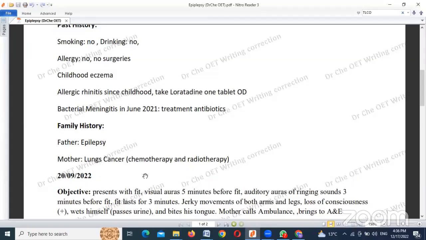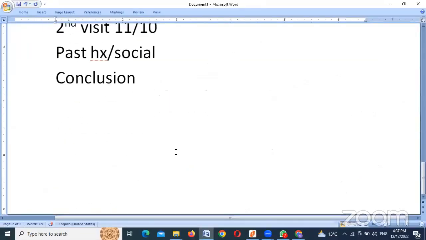Mother's history of lung cancer is not important. Father's history of epilepsy and the meningitis could be important. But let me tell you the situation.